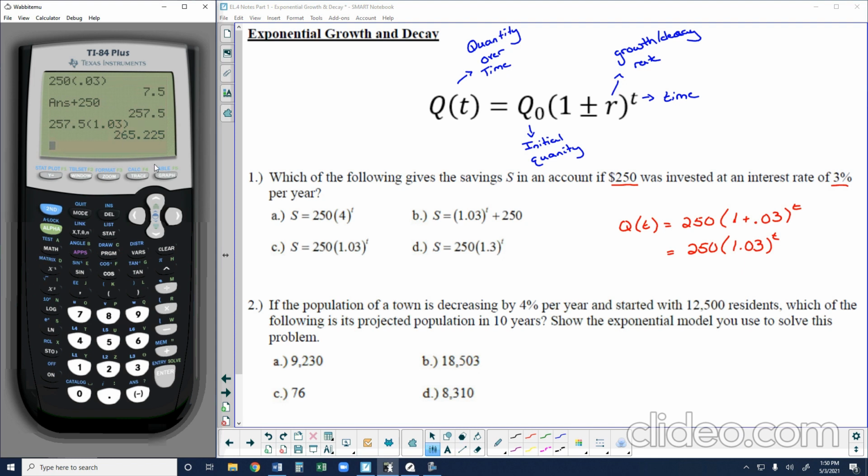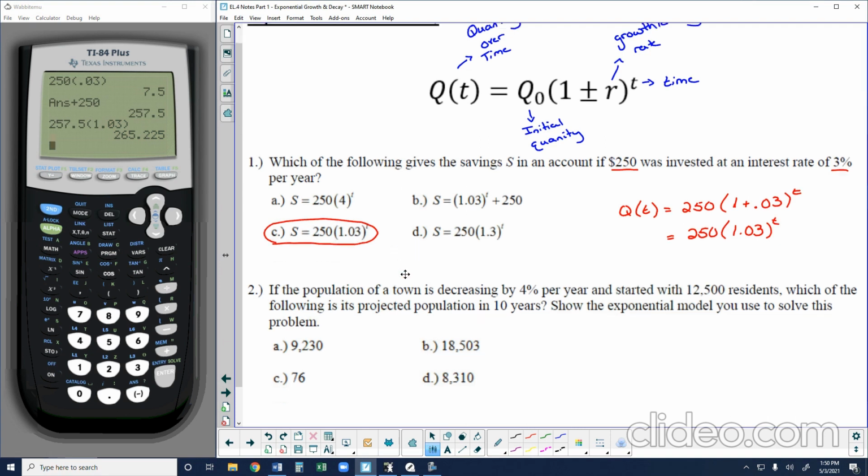And then I'd repeat that process over and over. The number of times that we repeat the process could be represented as an exponent for time. So in this case, the equation that's going to represent the growth of the savings account over time is C, 250 times 1.03 to the t power.